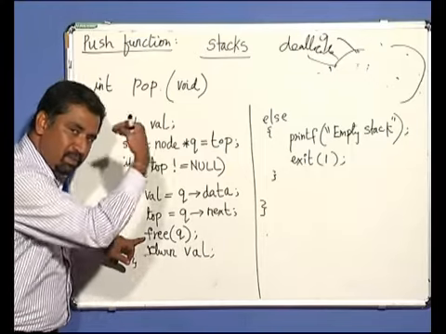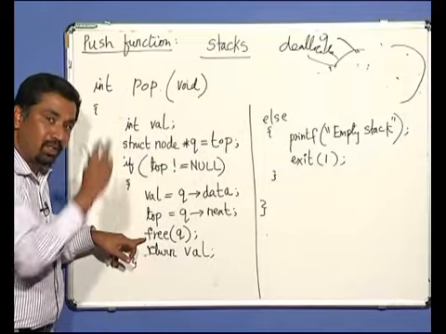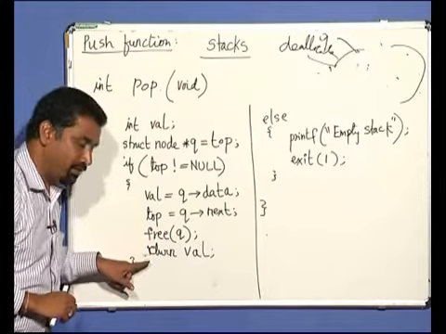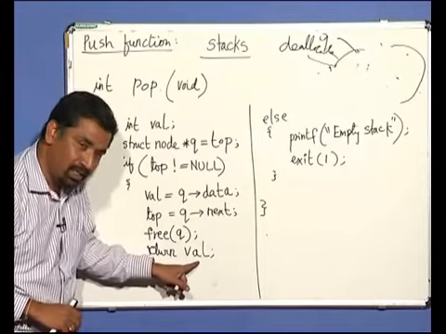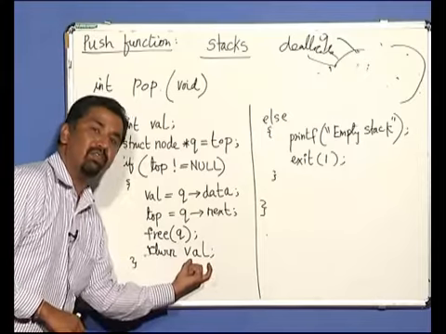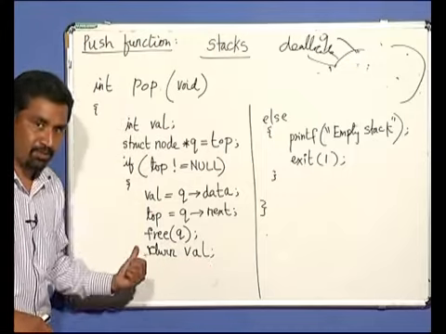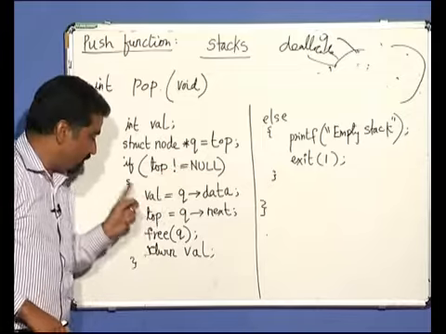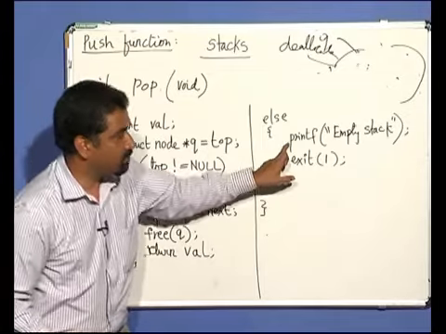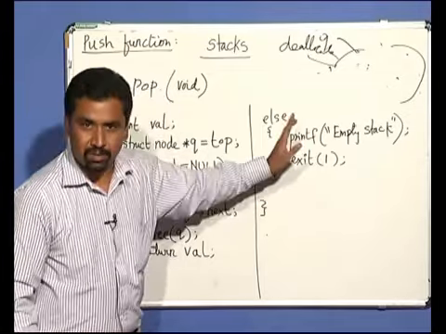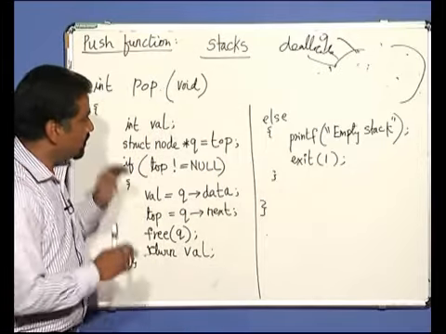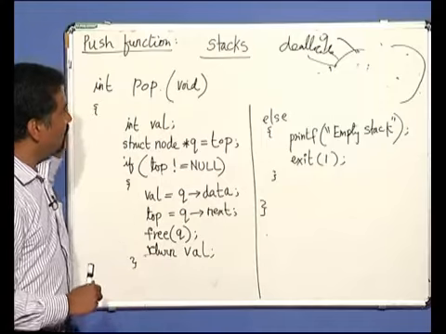This statement will simply deallocate the top of the stack element which we are supposed to remove, and finally this function will return the value because this is the value we are actually interested in the pop operation. And in case the stack is found to be empty, these things won't be executed. It will simply say that sorry, the stack is empty and the program is going to be terminated. So this is the behavior of the pop function.